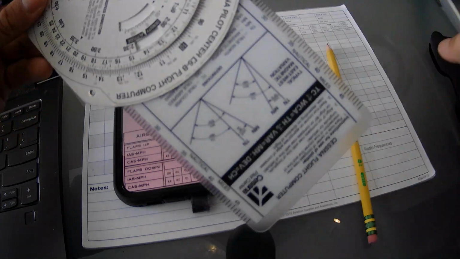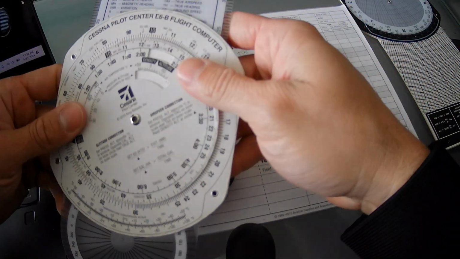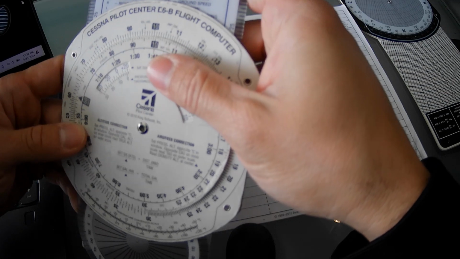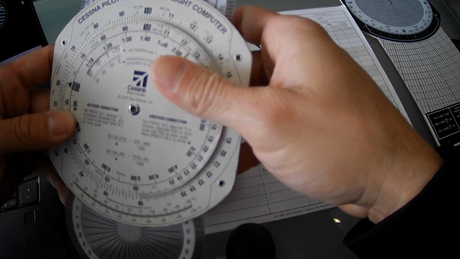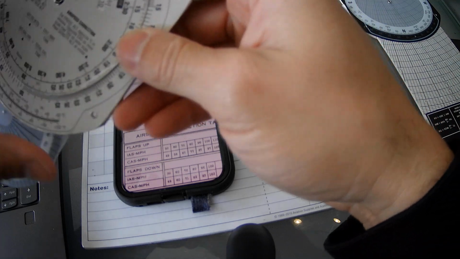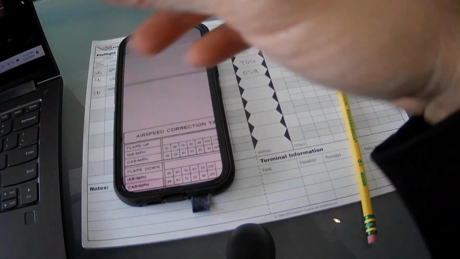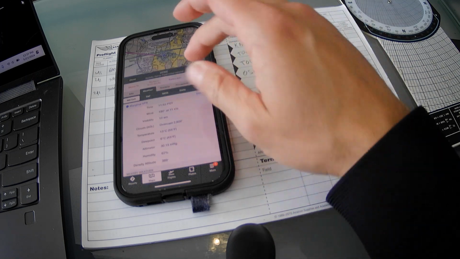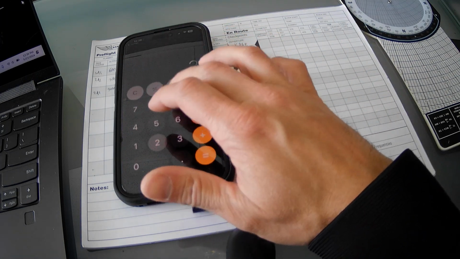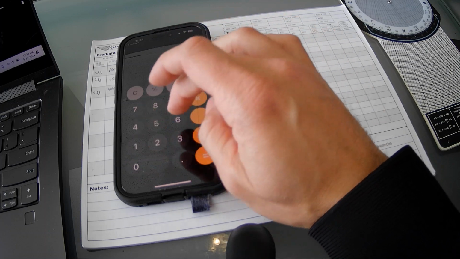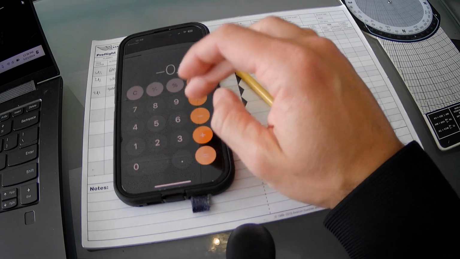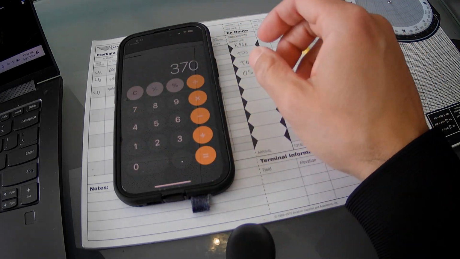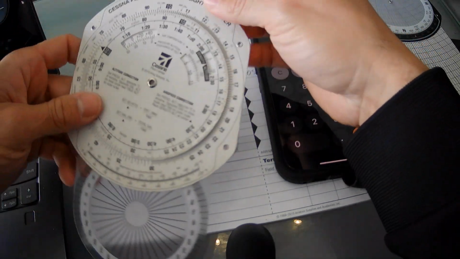using the old E6B here. That's 75 miles per hour. That comes out to 65 knots. And with our current pressure setting of 30.15, that's 29.92 minus 30.15 times 1,000 plus field elevation, approximately 370, and a temperature of 13 degrees Celsius.